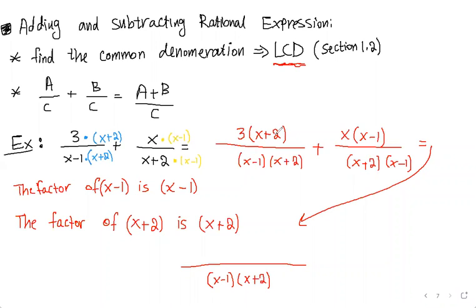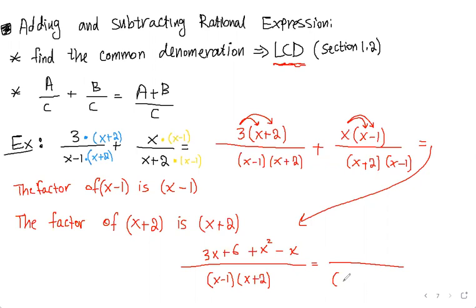Now we multiply the 3 inside the parentheses: 3x plus 6, we distribute it, plus x times x is x squared, minus, because x times minus 1 is minus x.